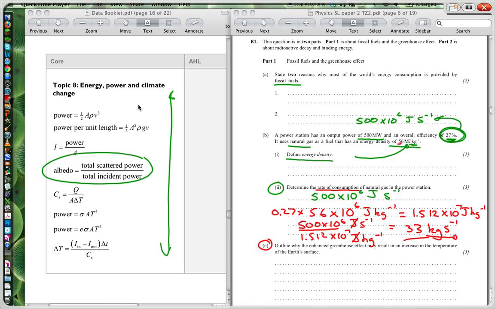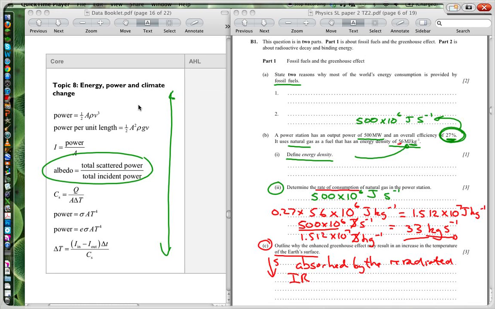Question C. Outline why the enhanced greenhouse effect may result in an increase of temperature of the Earth's surface. Now, what happens with the enhanced greenhouse effect, as we've discussed before, is that your energy comes in from the sun and is absorbed by the Earth, and then re-radiated as infrared radiation, IR.